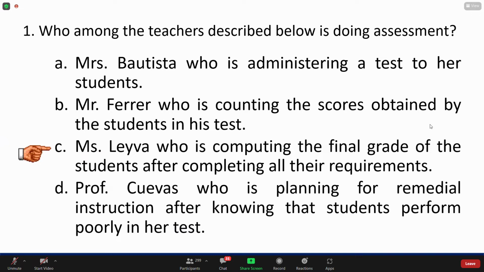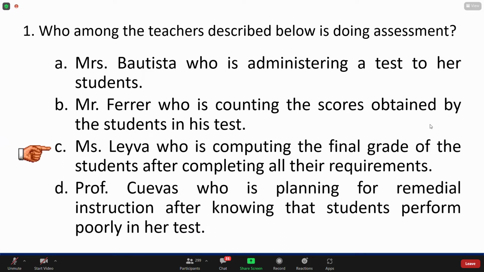Okay? So yung letter D naman, planning for a remedial instruction after knowing that students perform poorly in her test, that is evaluation. Bakit si letter C po yung nag-a-assessment? It's because, diba, we make use of assessment as a prerequisite for evaluation.